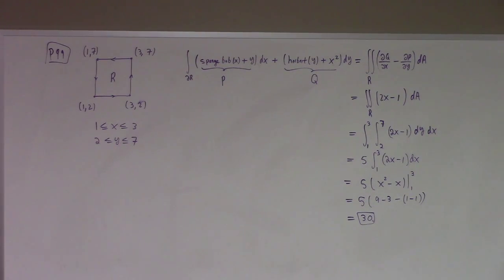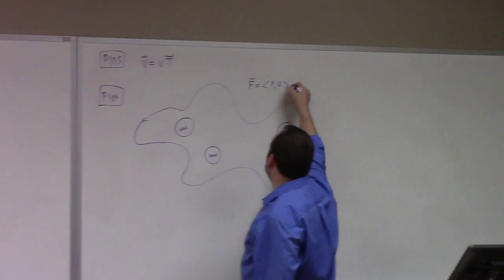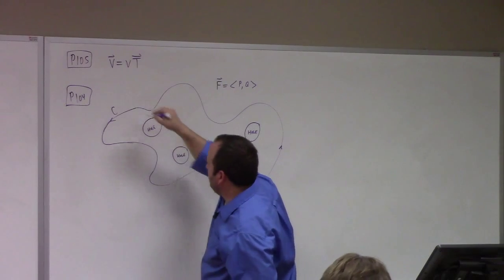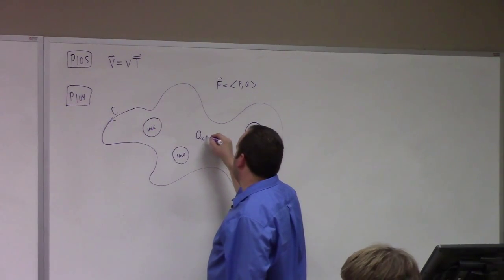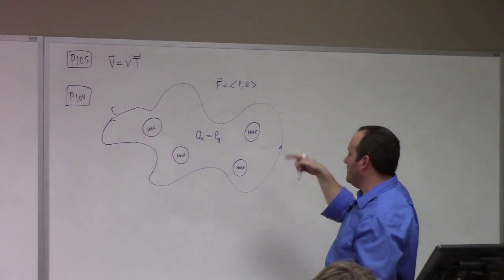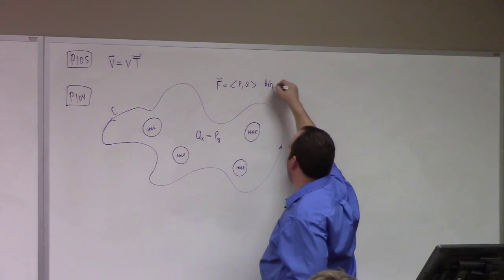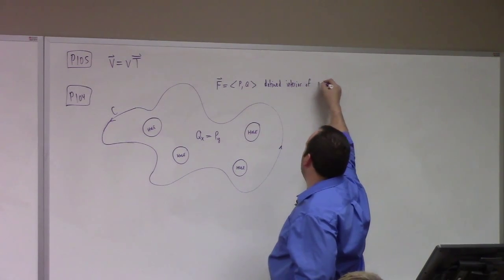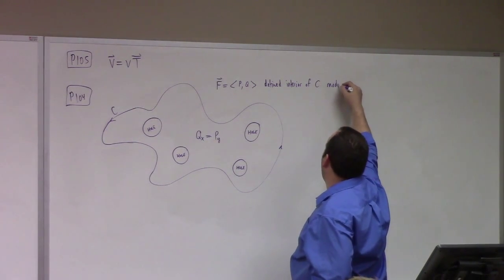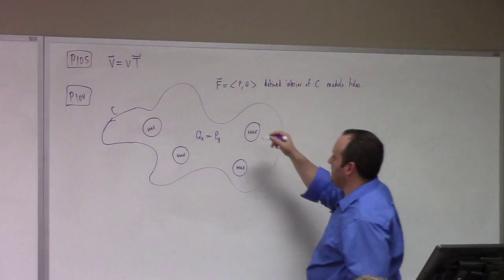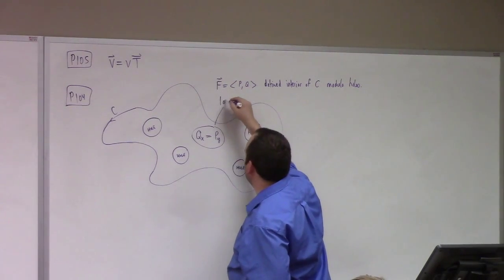So suppose we're looking at the vector field F equals (P, Q), two-dimensional, and throughout the region between the outer curve C and the holes we have the condition that Q_x is equal to P_y, except at the holes. It's defined on the interior of C modulo the holes. And again, this condition is what I would mean by locally conservative.